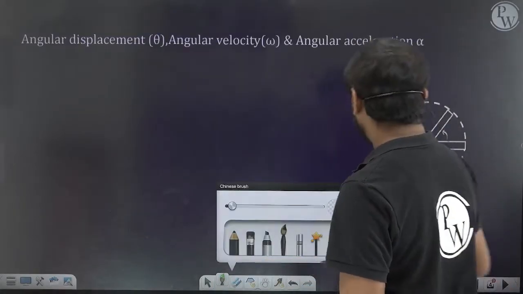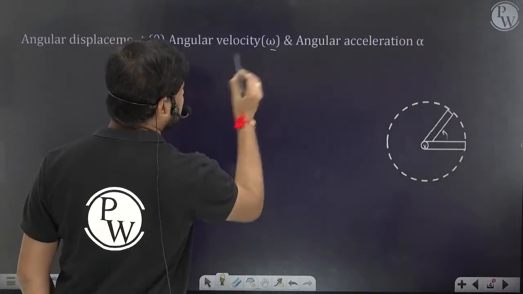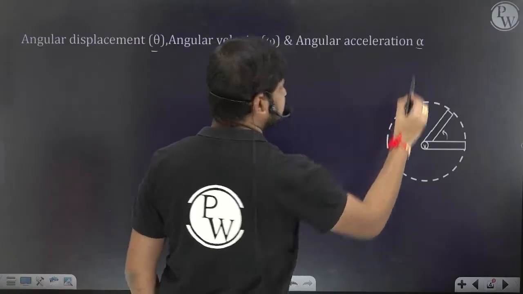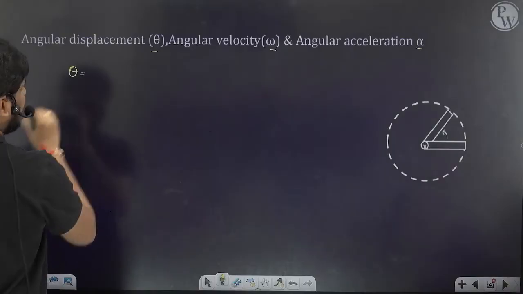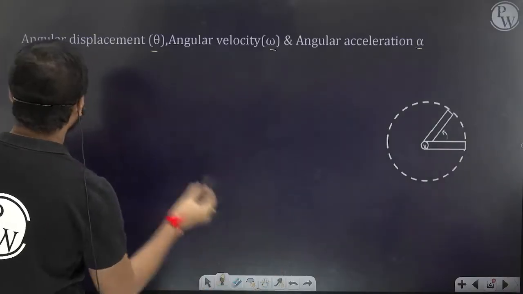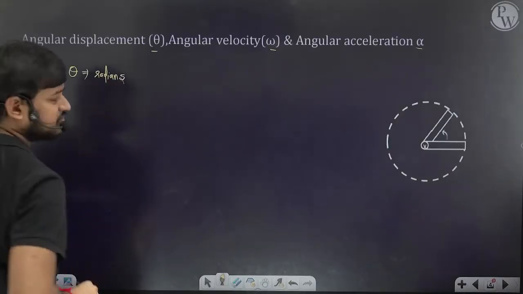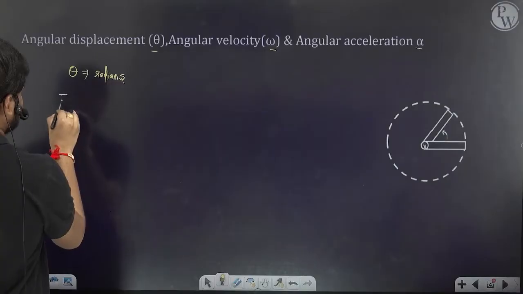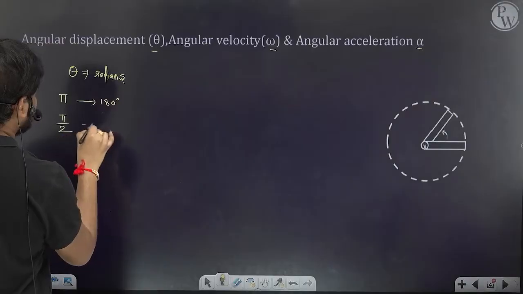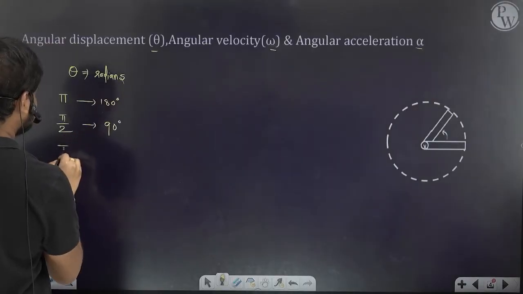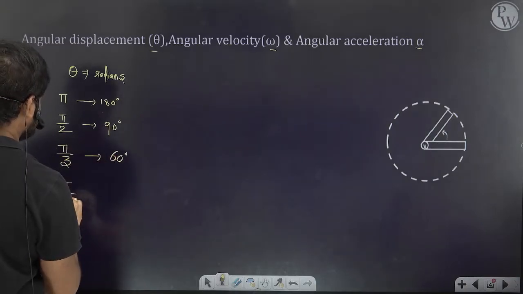Now, we already know the angular terms. What are the angular terms? Theta is the angular displacement, omega is the angular velocity, and the angular acceleration is alpha, right? We have already studied this. Theta, the angular displacement, is measured in radians. We already know the relation between radians and degrees: pi stands for 180 degrees, pi by 2 stands for 90 degrees, pi by 3 stands for 60 degrees, and pi by 4 stands for 45 degrees.